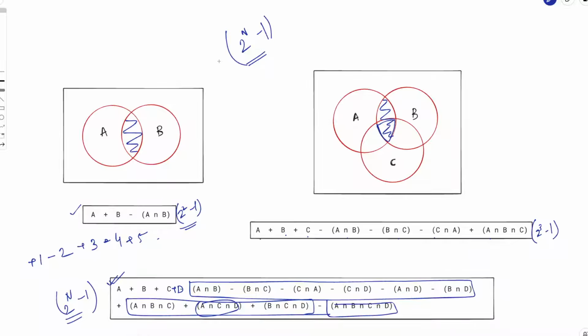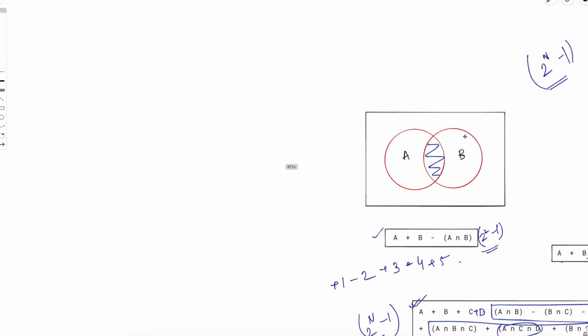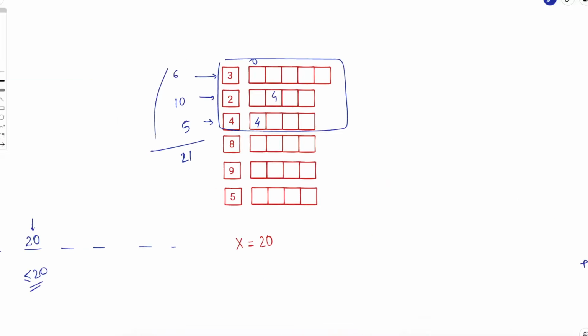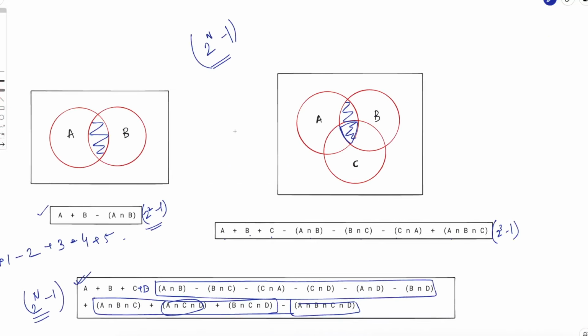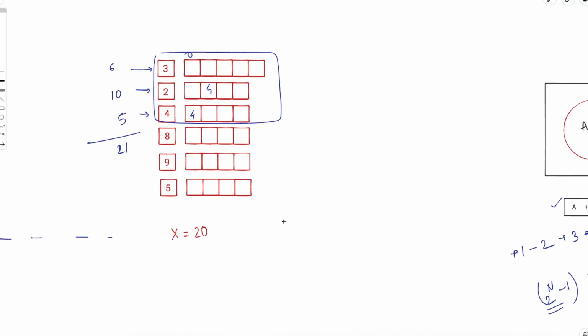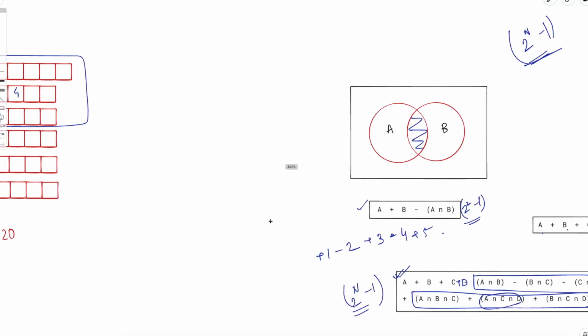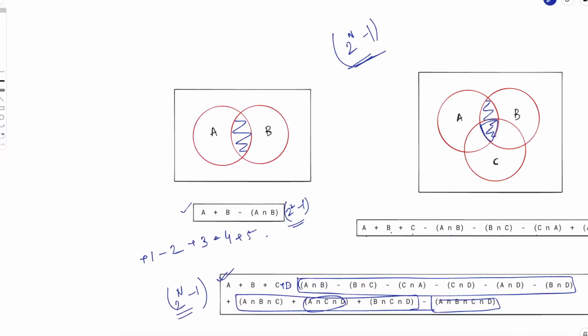So to figure out the intersections across all these things, you need to go and figure out the value of these 2 power n minus 1 intersections. Now from these 2 power n minus 1, individual ones you already know of, right? You already know the value of A, B, C and D. That is simply 20 by 3, 20 by 2, 20 by 4 and so on and so forth. Now you want A and B, let's say.